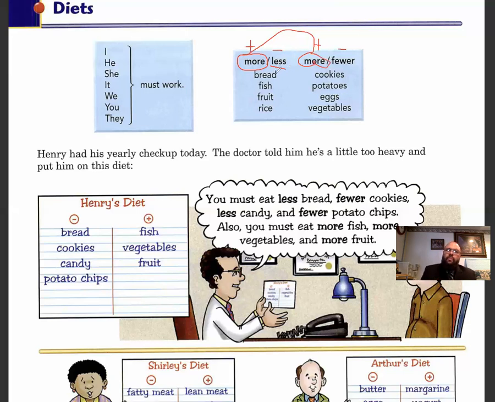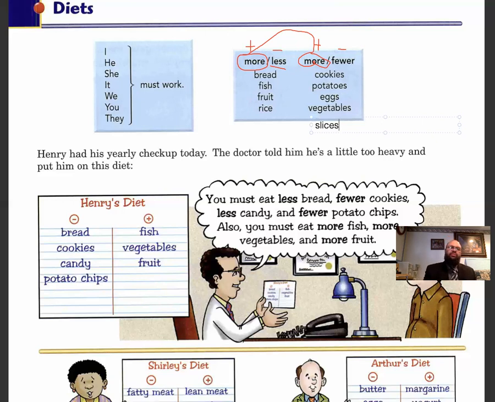So, bread. How many breads do you have? You don't really have many breads. You just have one unit. So you have bread, and inside the bag of bread, you have, let's say, 25 slices. So if I use that example, we have bread, and then here we would have slices.